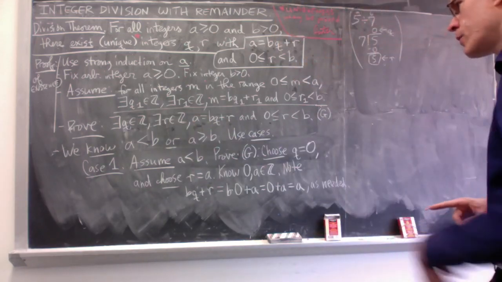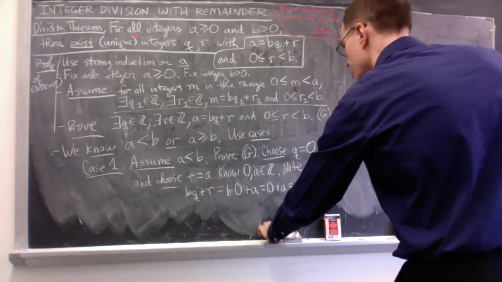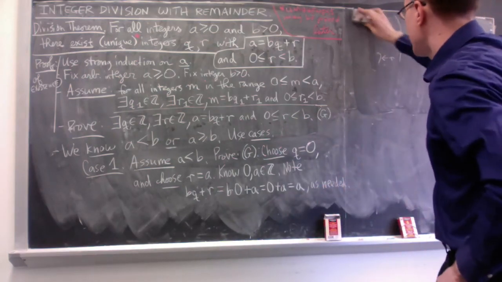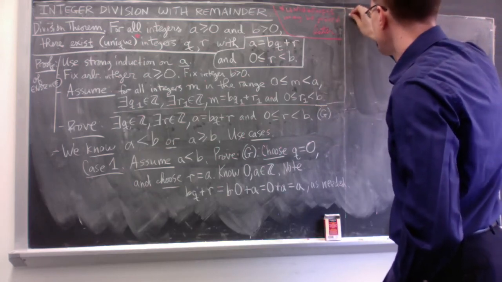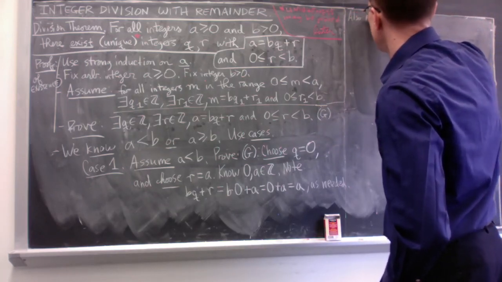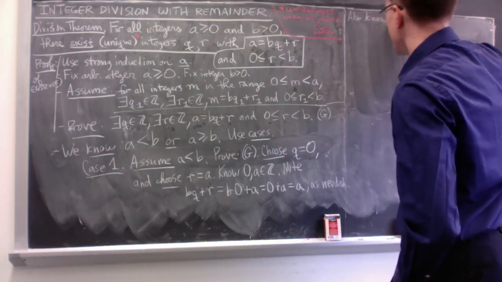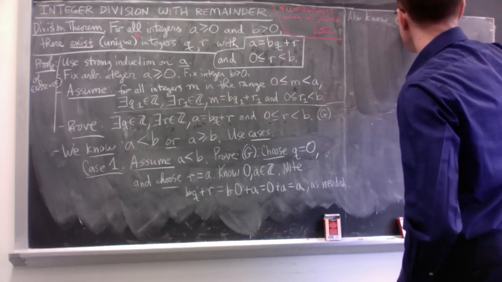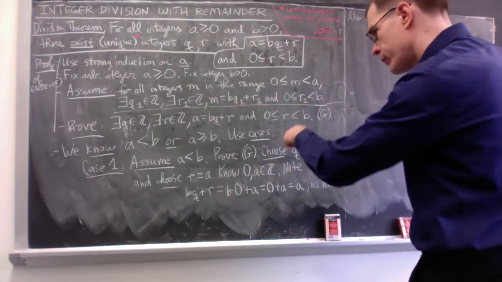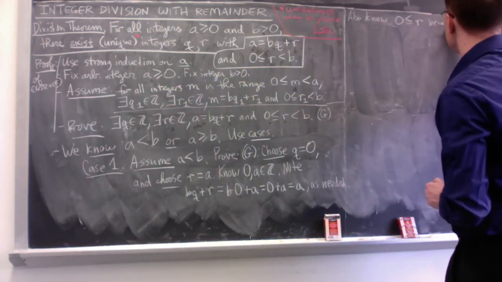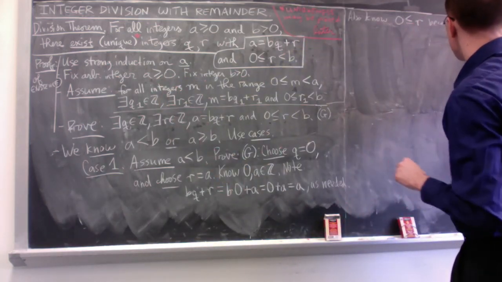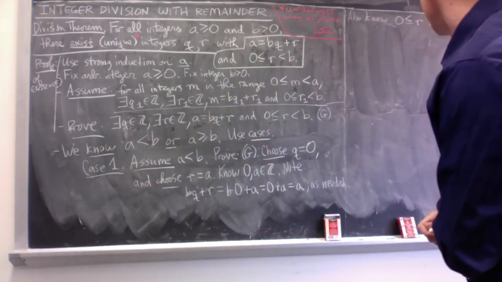And let's see. So what about this? Does the r inequality hold? Well, 0 is less than or equal to r. What was r? r was a. Because a is greater than or equal to 0. Again, negative integers, we'll worry about that later. a is not allowed to be negative right now.